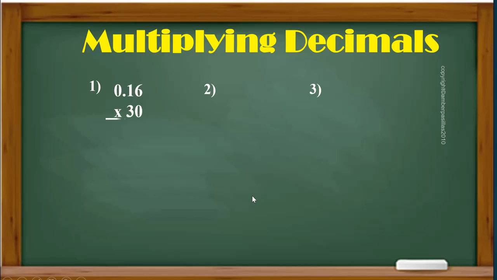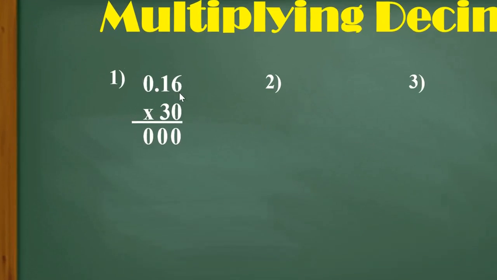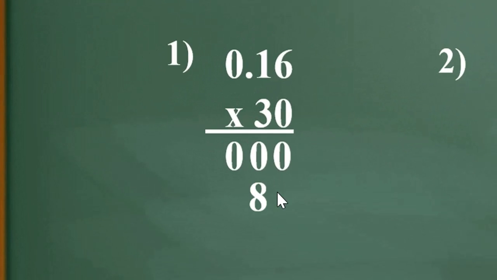For number 1, we must write them vertically and then multiply just like multiplying whole numbers. 0 times 6 is equals to 0. 0 times 1 is equals to 0. 0 times 0 is equals to 0. 3 times 6 is equals to 18. Carry 1. 3 times 1 is equals to 3 plus 1 is equals to 4. 3 times 0 is equals to 0.